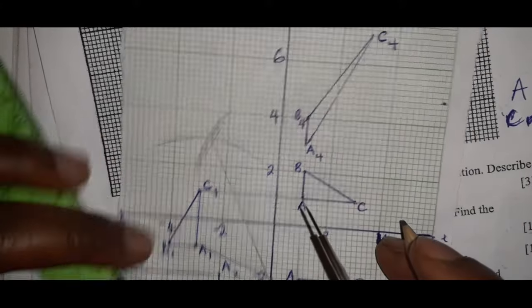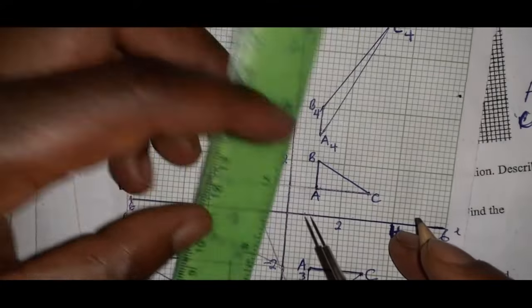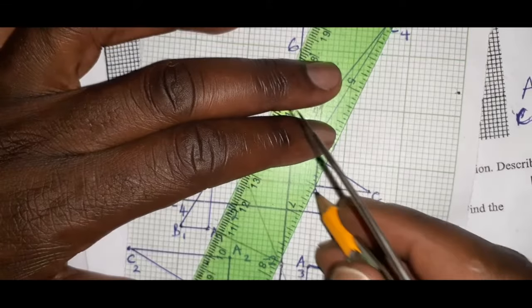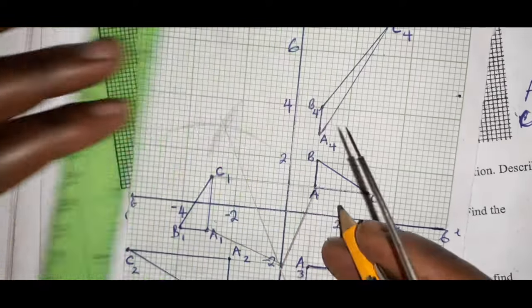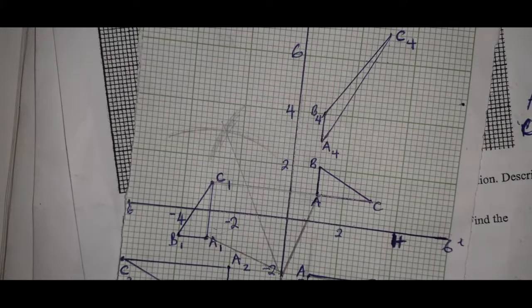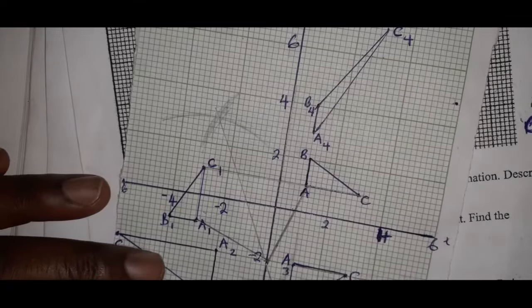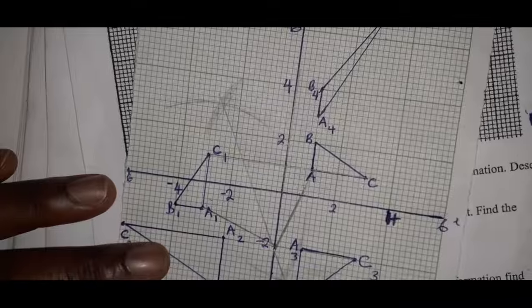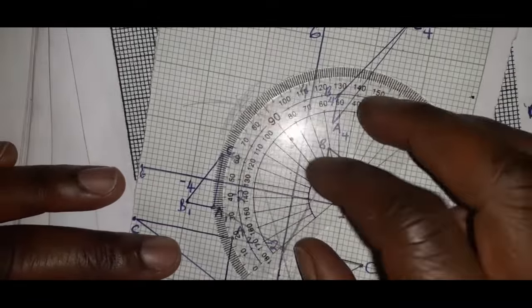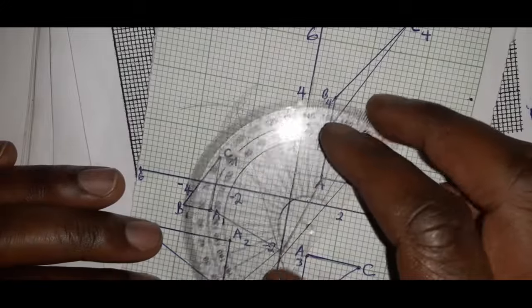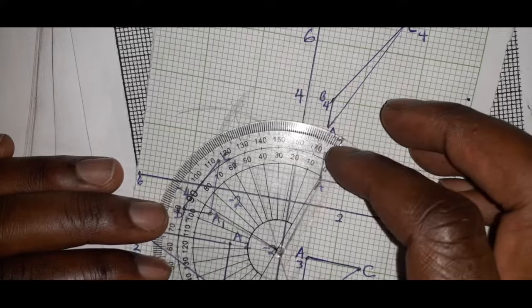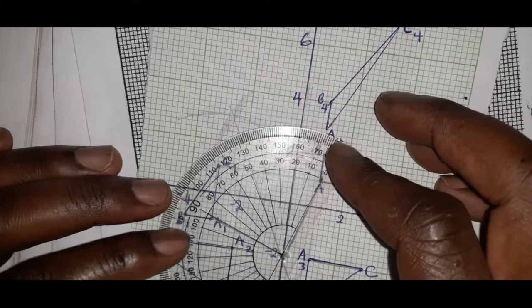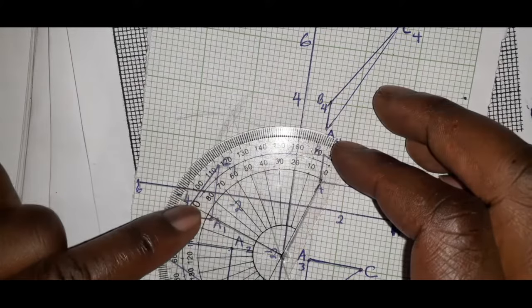Here we are using A. Then now we measure this angle here. You put this one here. So you've seen this is 90 degrees.